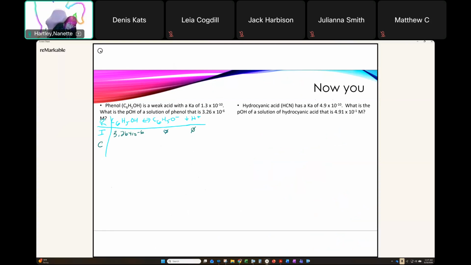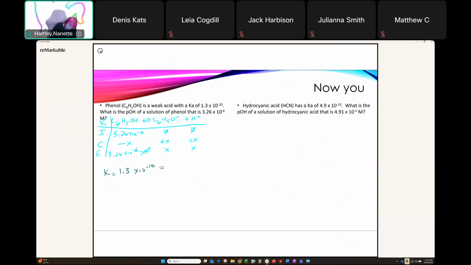My change, again, because I'm only losing one of these, for every time this breaks down, I get one of these and one of these, which leaves you with an equilibrium of 3.26 times 10 to the minus 6 minus x, x, and x. My K expression is equal to 1.3 times 10 to the minus 10th.